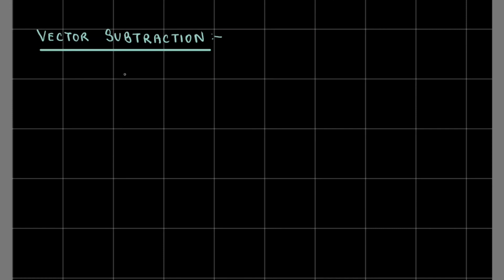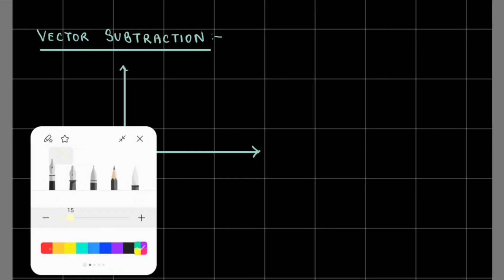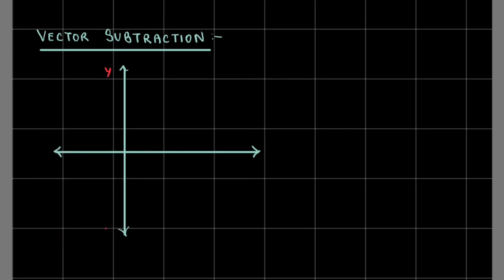Now I draw the same Cartesian coordinate system, y and y dash and x dash, y, y dash, x dash, and o. Okay, o.